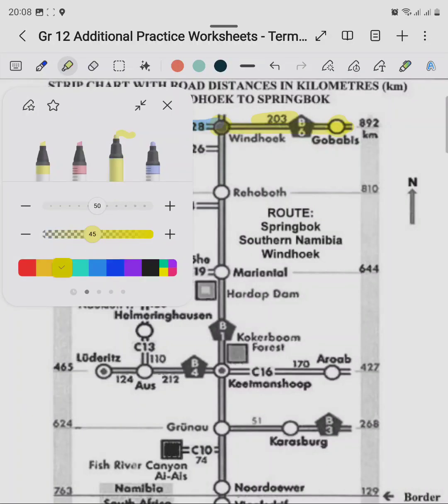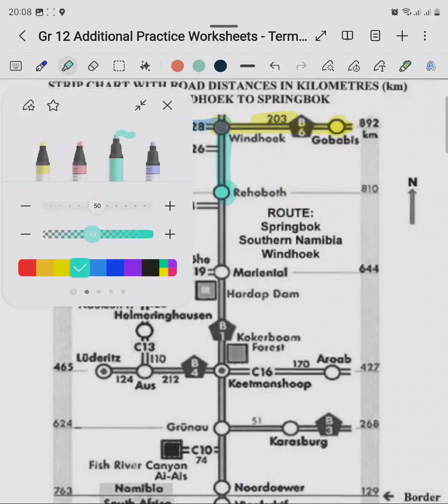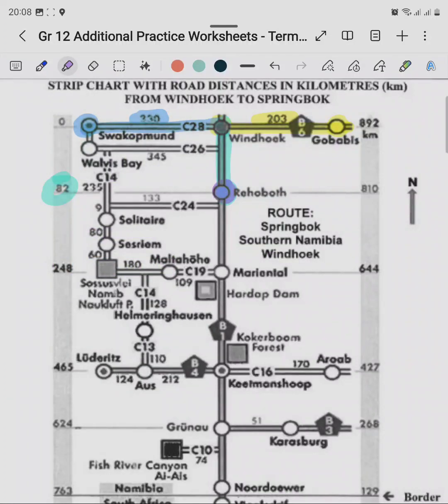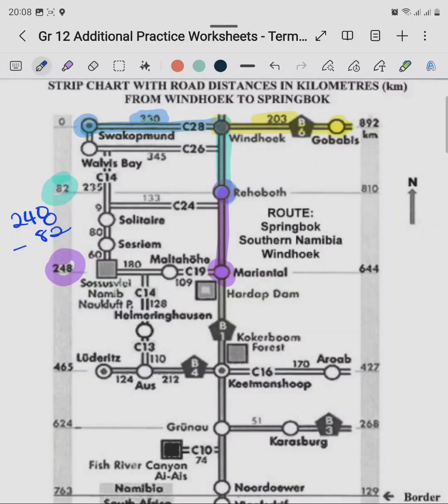Likewise, if we go down, I'll just use a different color for going down. If I go down from Windhoek down to this place, you can see it's going down 82 kilometers, right? That's the distance carrying forward. But if I travel the next set of distance and I go from here to here, the distance between these two places is going to be 248 minus 82, which is like 160 odd, 166 if I'm going to be specific, kilometers.